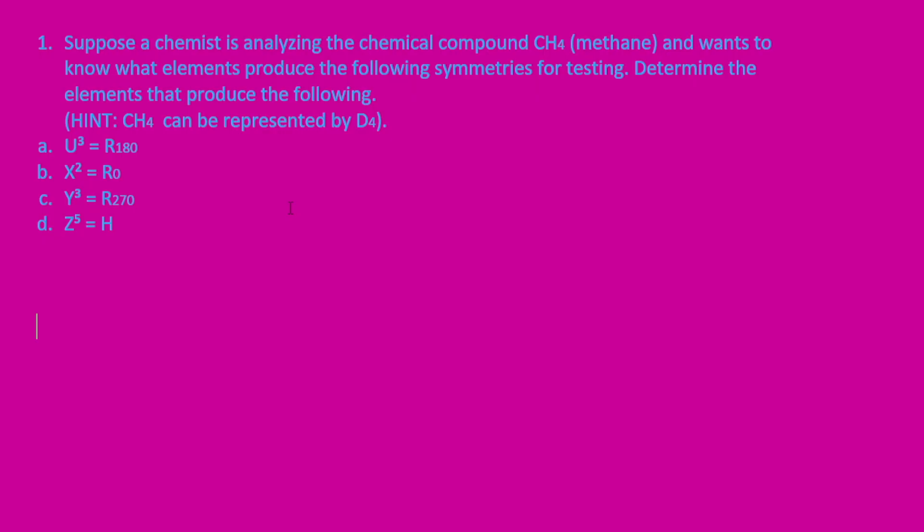We need to find the element U where U cubed equals a rotation of 180 degrees. We need to find what element of D4 produces that. And x squared equals a rotation of 0 degrees, y cubed equals a rotation of 270 degrees, and z to the fifth equals the horizontal reflection. So let's look at this.